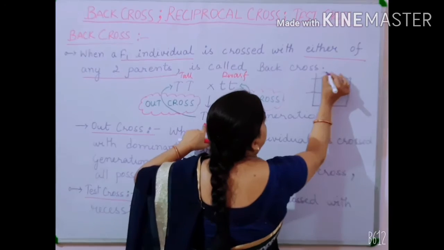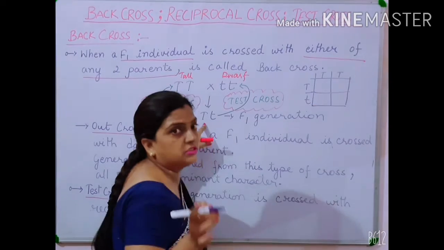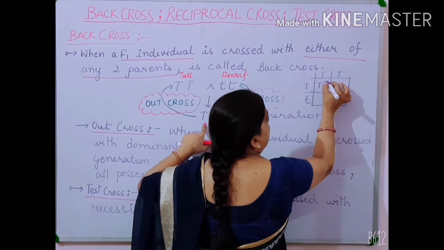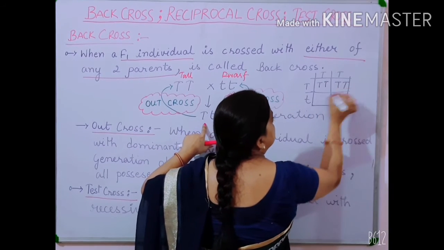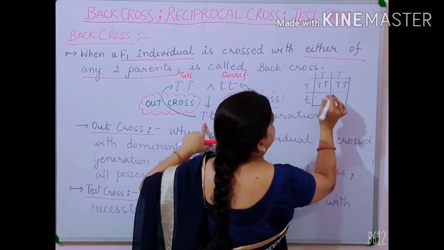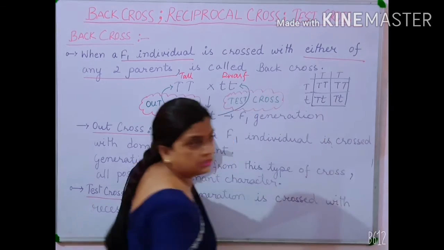On one side you write capital T, on the other side you write capital T small t. So what are the gametes we are going to get here? We are going to get capital T, capital T, and capital T small t, capital T small t.